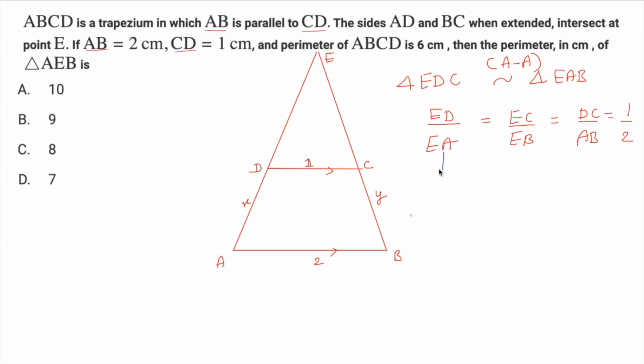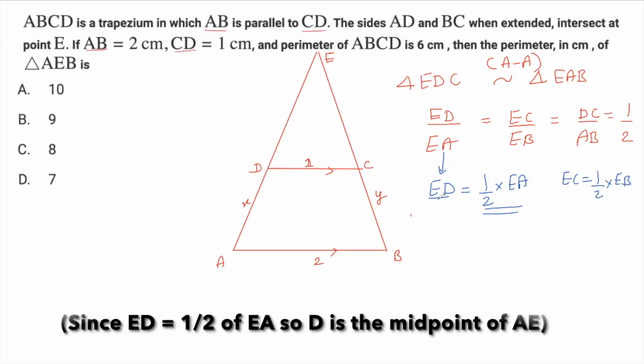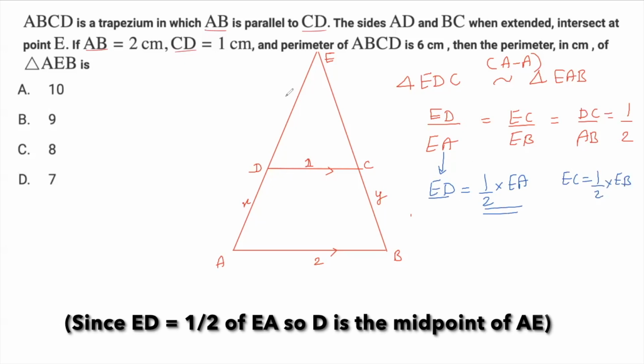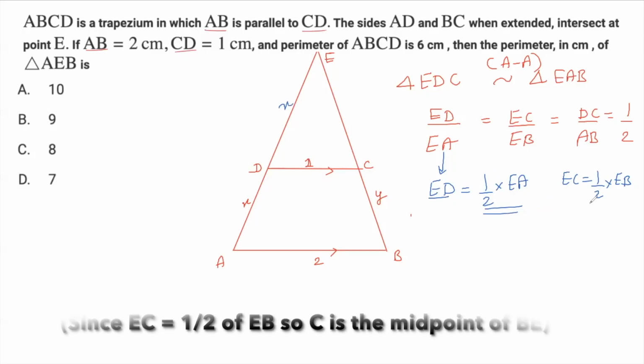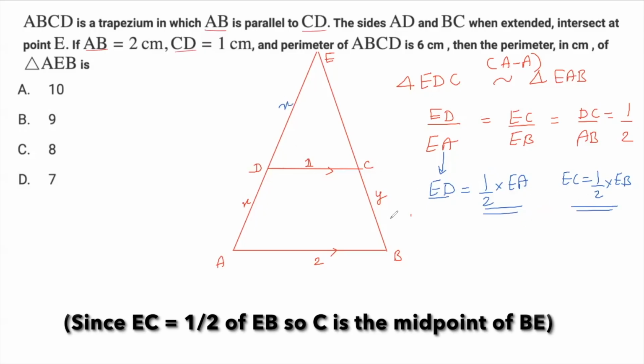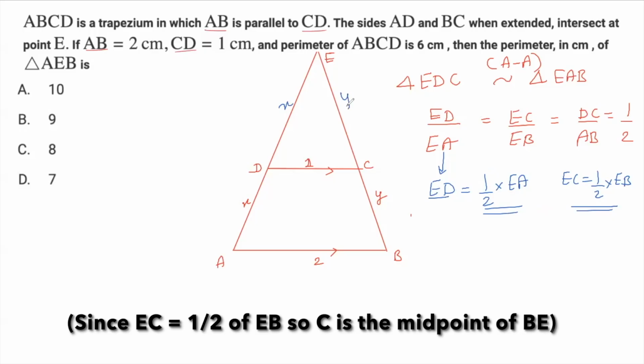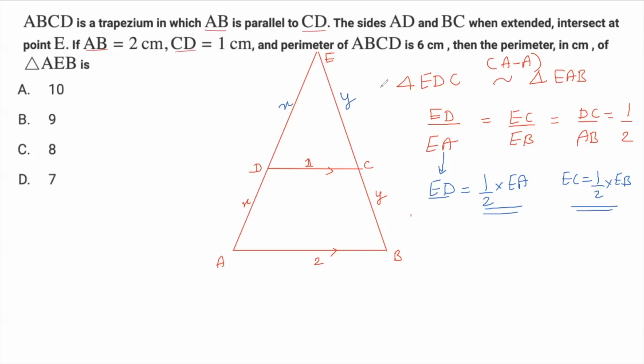So we can observe that very clearly. ED is half of EA and similarly EC is half of EB. So if ED is half of EA, guys, AD was X and ED will also be equal to X, the other half. And similarly, if EC is half of EB, if CB was Y, EC was also equal to Y, the other half, right? Now, we have been given the perimeter of quadrilateral ABCD in this case, right? And which is 6.